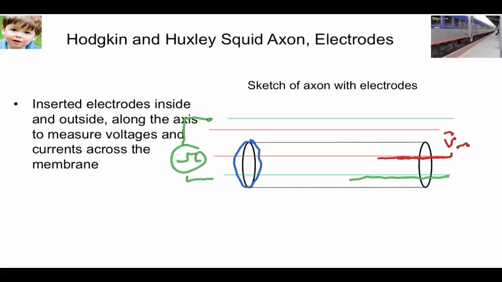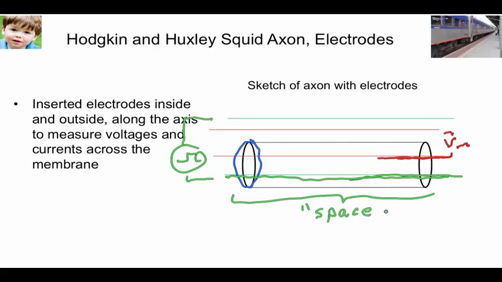Additionally, the fact that the wires went from one end to the other was, for the purpose of understanding, an advantage, because it meant that the same thing was happening all up and down the whole entire fiber. So this entire fiber is, as people call it now, space clamped.